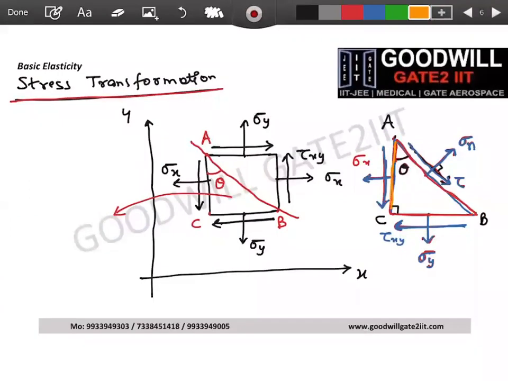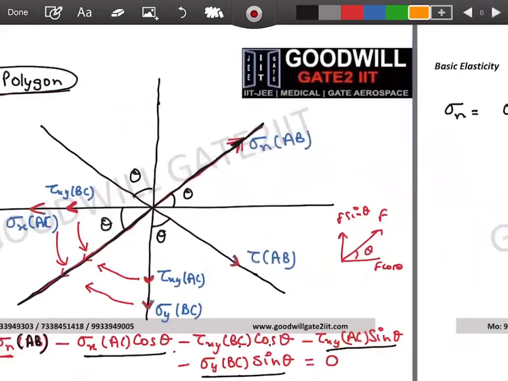So AC, the base, divided by the hypotenuse, which is AB, is sine theta, right? Sorry, cos theta. Base divided by hypotenuse is cos theta, and perpendicular divided by hypotenuse is sine theta. Correct? Everyone agrees on this.